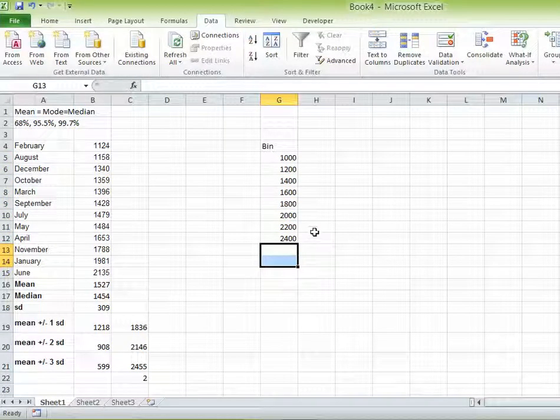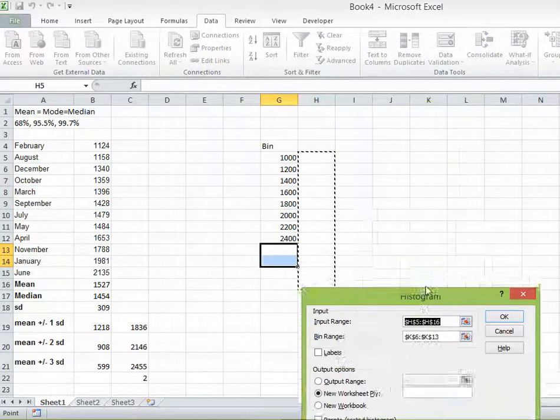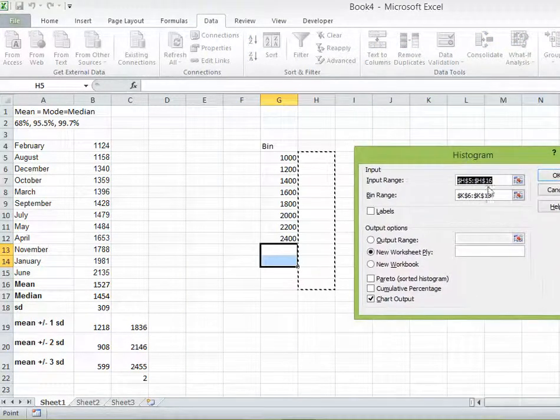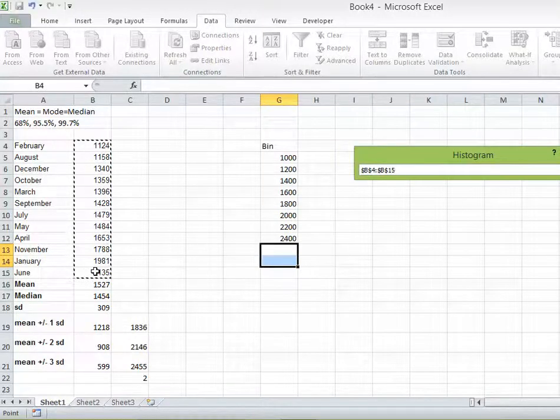There's my bin range. And now, you can't see it, I clicked data analysis. There's our histogram function. It wants to know where my input range is. It's not there, so I will say my data is right here.